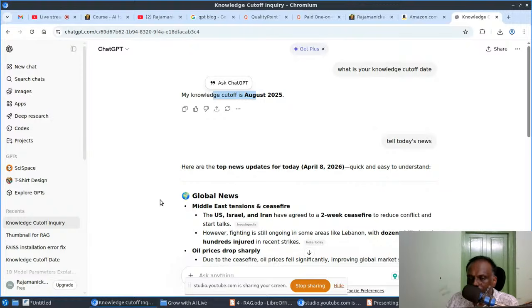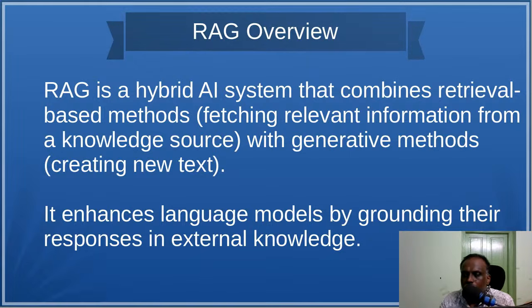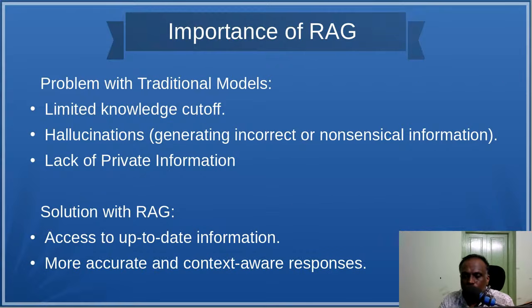So we have to think from that perspective only. Basically, LLMs are limited with the latest information. They cannot handle the latest information. As I specified here, the one key problem is the limited knowledge cutoff.